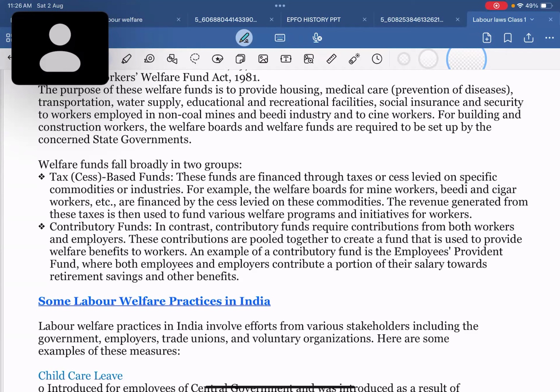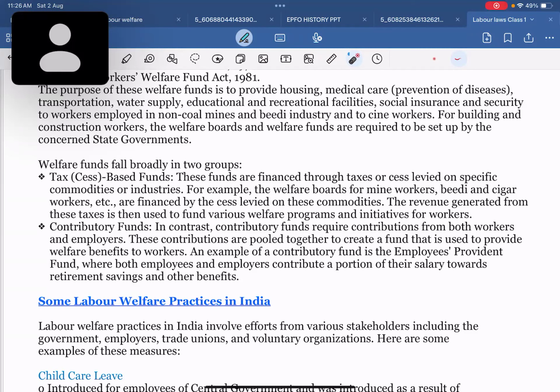Okay, so tax cess based funds. These funds are financed through taxes or cess levied on specific commodities or industry. For example, the welfare boards of mine workers, beedi and cigar workers, etc., are financed by the cess levied on these commodities. The revenue generated from these taxes is then used to fund various welfare programs and initiatives for workers. Now contributory funds.